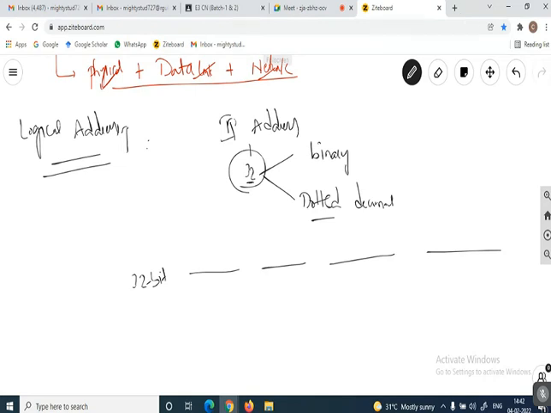Let us represent a simple example. Let us consider the first octet as 0111 0101, and then 1001 0101, and then 001101 and all zeros.